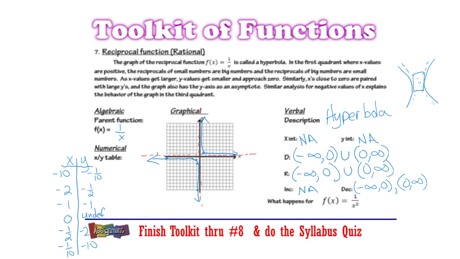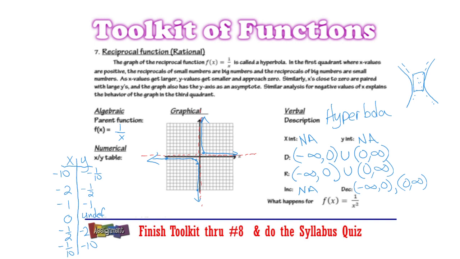All right, and then I have one other thing to throw at you, and it's this function 1 over x squared. That's not really the reciprocal function anymore, but it is a rational function because you have your x in your denominator. In college algebra, you would have looked at what happens when you have a 1 over x versus a 1 over x squared, and I'm just going to put it in here.